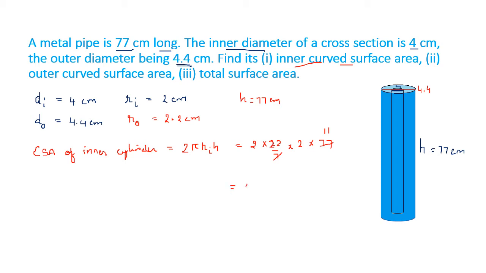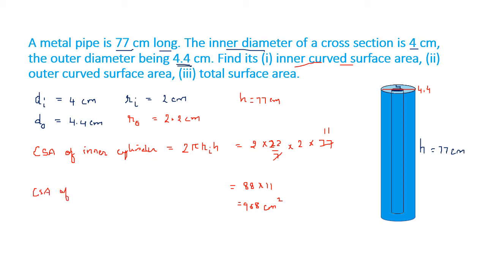So what have we got? 88 into 11, that is 968 centimeter square. This is the inner.